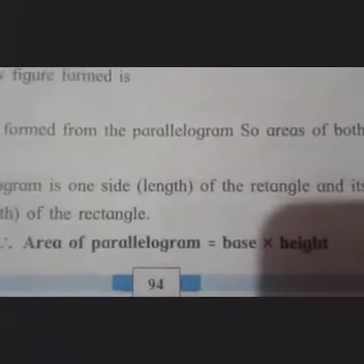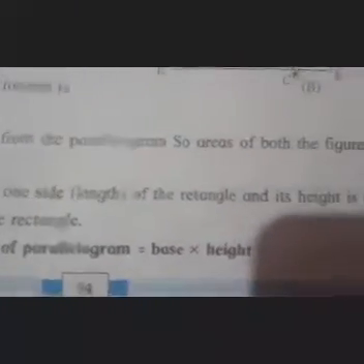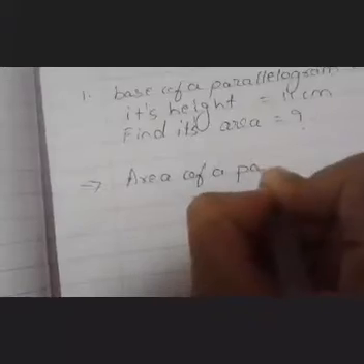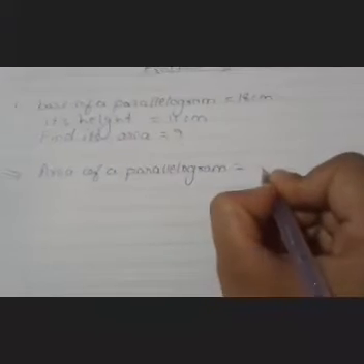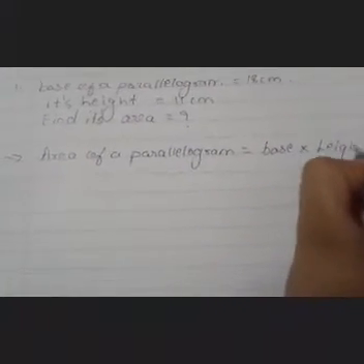Now they are asking us to find the area. So you all know the formula for area of a parallelogram. What is it? Tell me, what is the area of a parallelogram? Area of a parallelogram is base into height. So you will first write the formula, that is area of a parallelogram is equal to base into height.